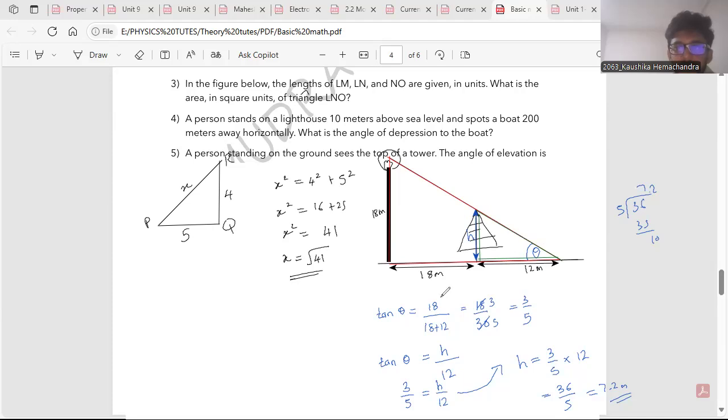So for the big triangle, you can write tan theta is equal to opposite, 18, divided by adjacent, which is 18 plus 12, 30. 18 over 30 is 3 over 5. Then, same angle, so same tan theta, using the small triangle, opposite over adjacent, h over 12. H over 12 is equal to 3 over 5 because it's the same angle. Then you can substitute and find h, right?